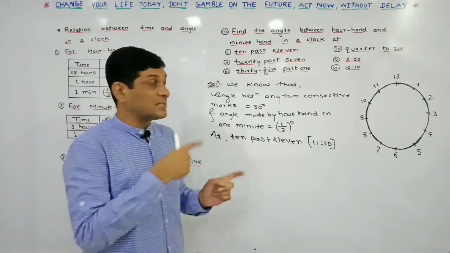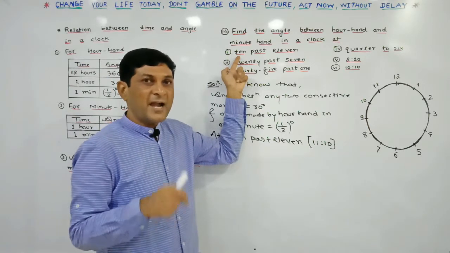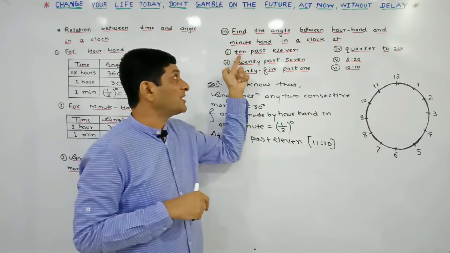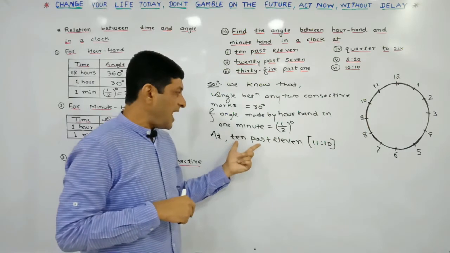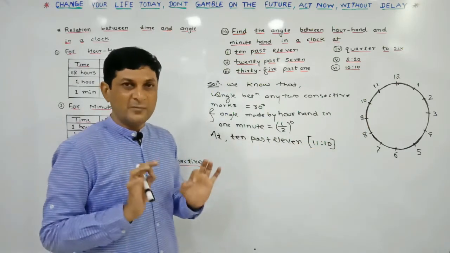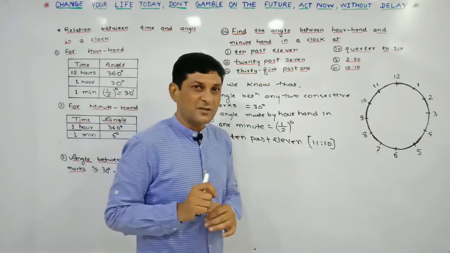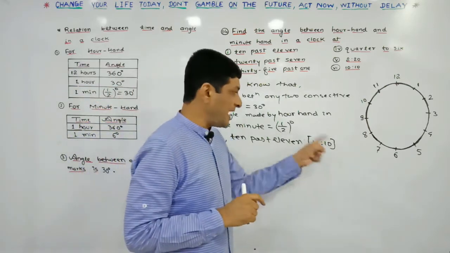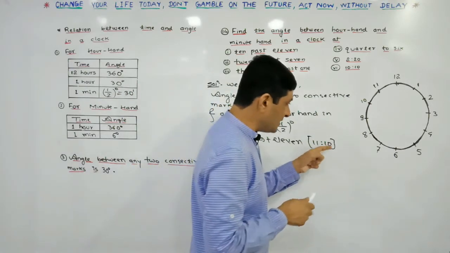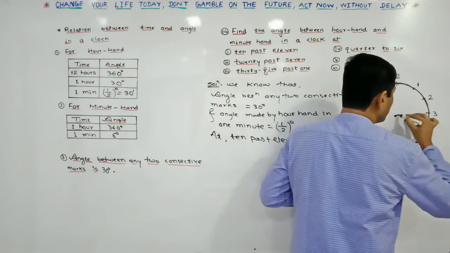In the first example, we have to find the angle between the minute hand and hour hand of a clock at 10 past 11, that is at 11:10. First, find the position of the minute hand and hour hand at this time. At 10 minutes, the minute hand is at mark 2.